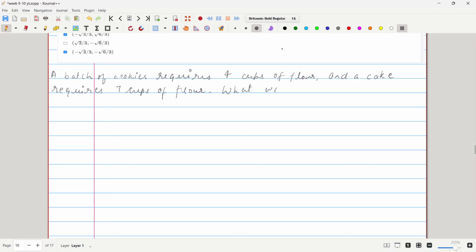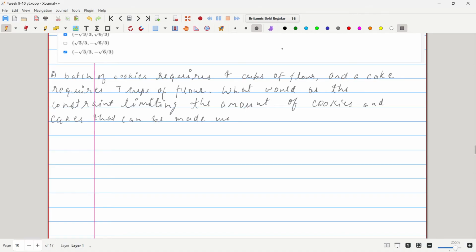What would be the constraint limiting the amount of cookies and cakes that can be made with 50 cups of flour?